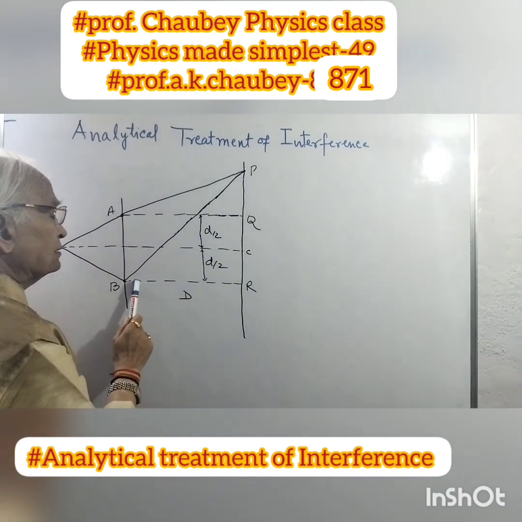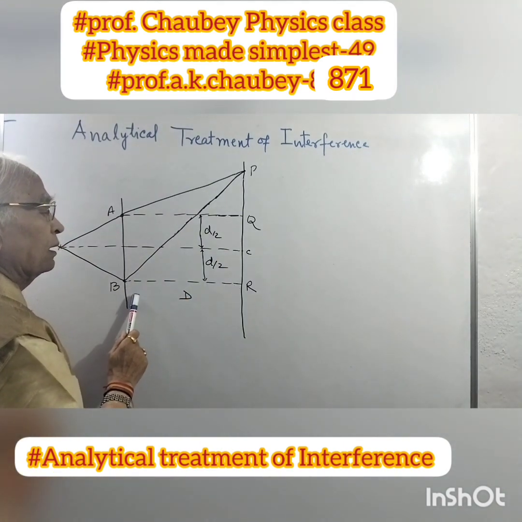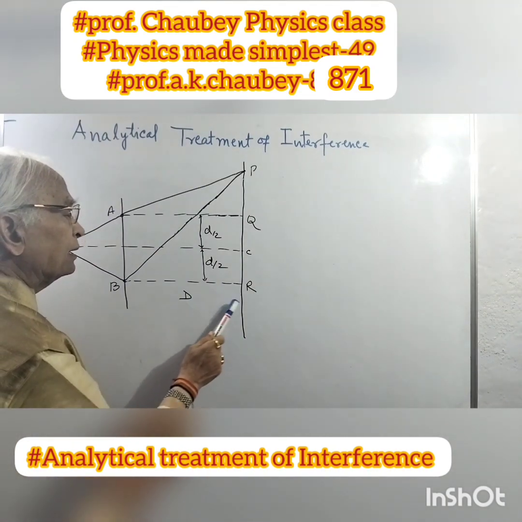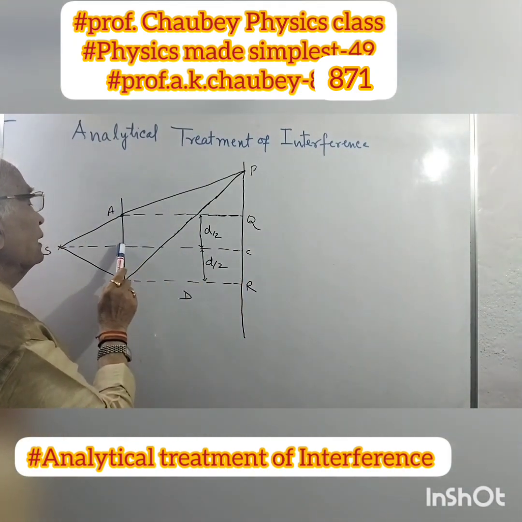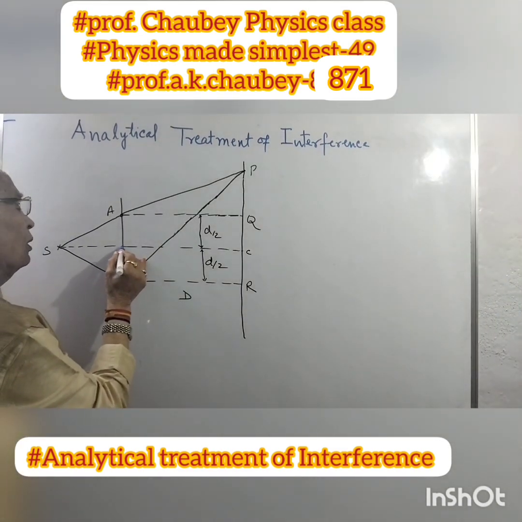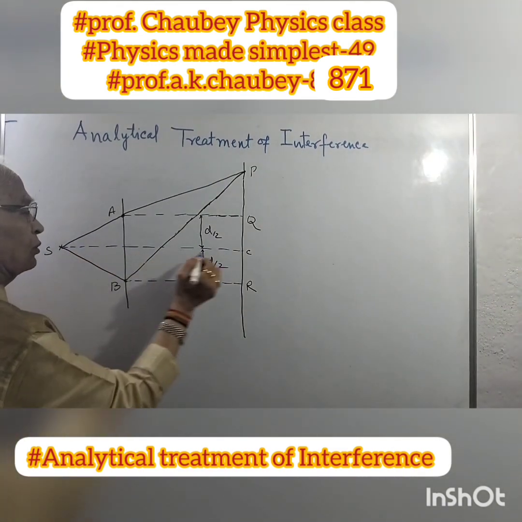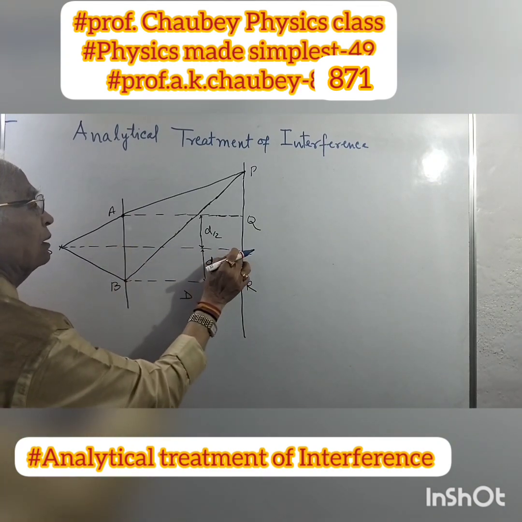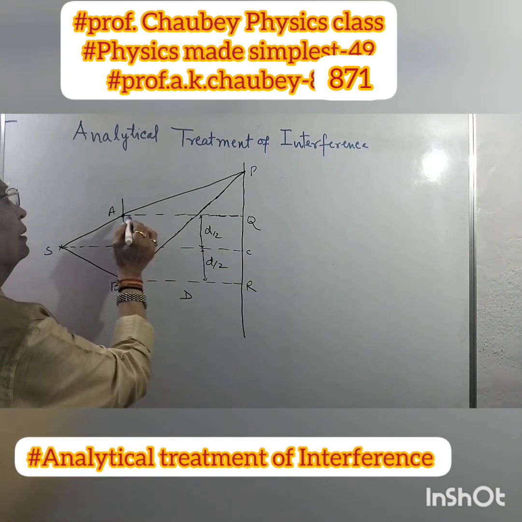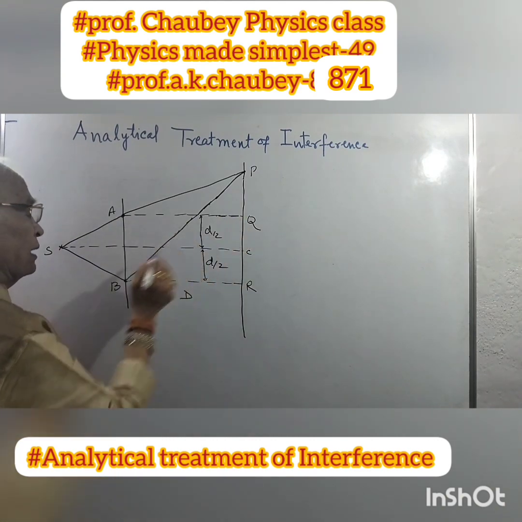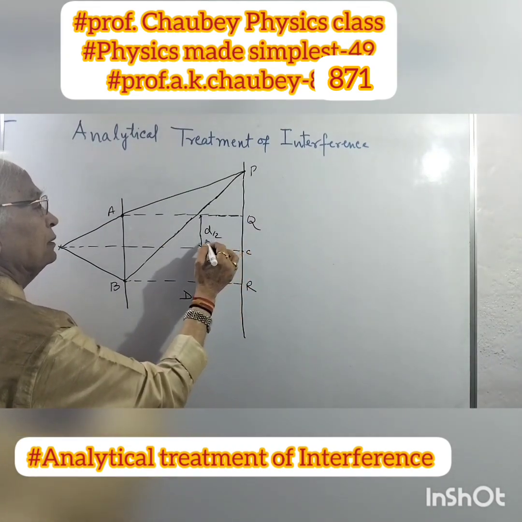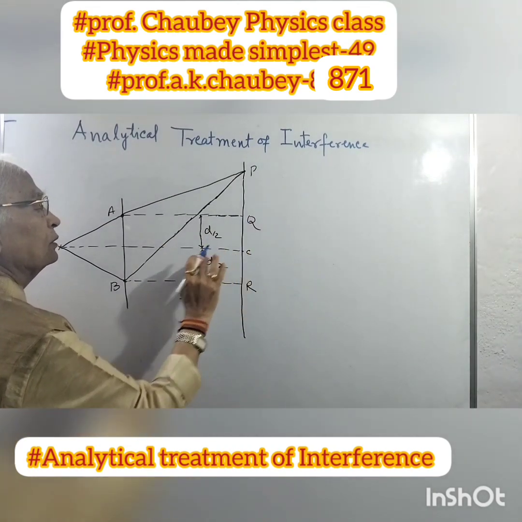This is the direct distance between the two sources and the screen, capital D. This is the central line of the sources, there is no hole here, but this is the central axis, C. On both sides, along this straight line, the distance from C to Q is d by 2, and C to R is also d by 2.